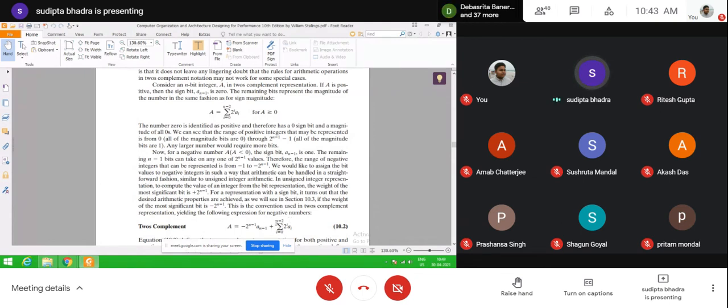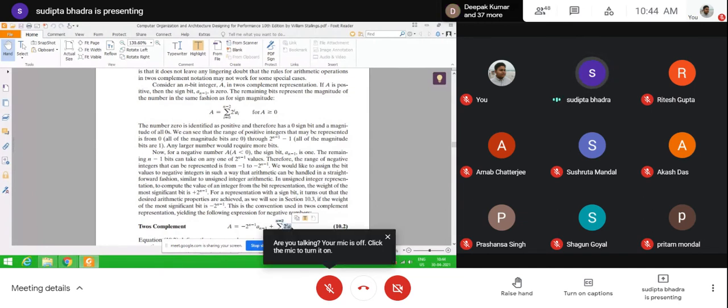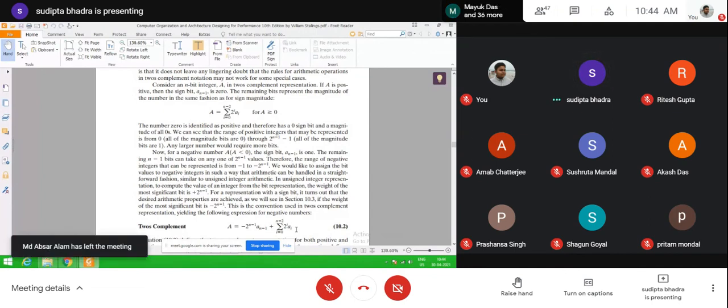The magnitude part is the same as sign magnitude: the summation of 2 to the power i into ai from i equals 0 to n minus 2. But the sign representation is different. Here, minus 2 to the power n minus 1, in case of 8 bits, is 2 to the power 7.